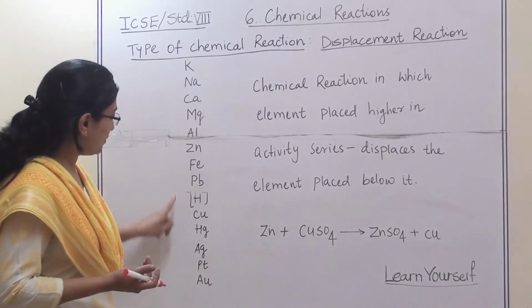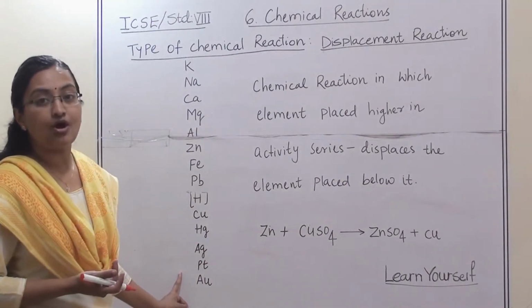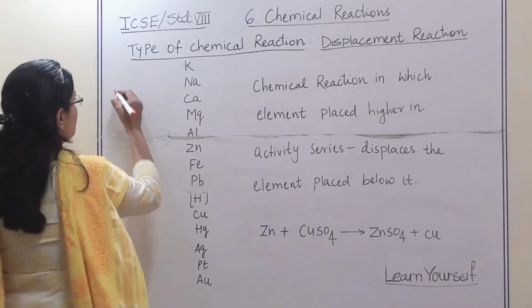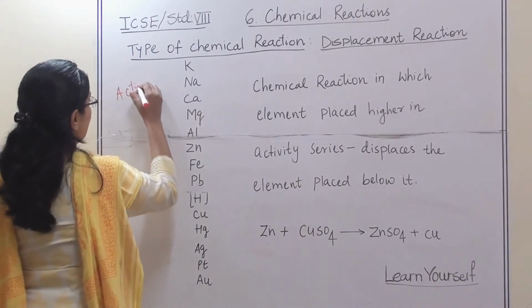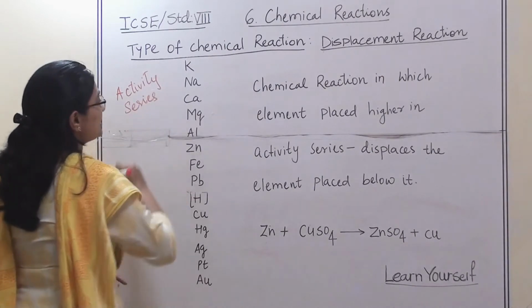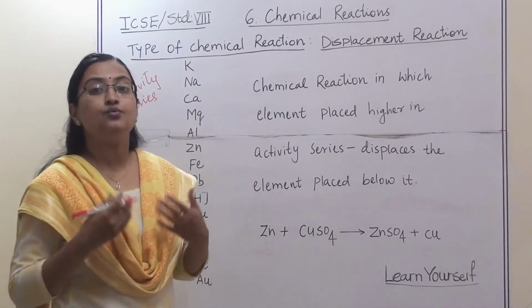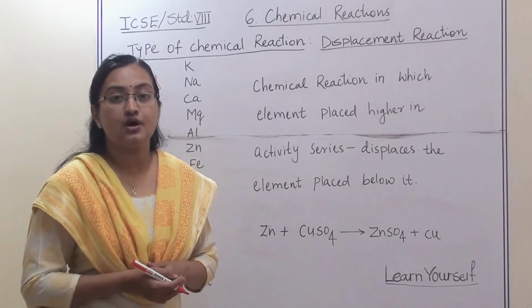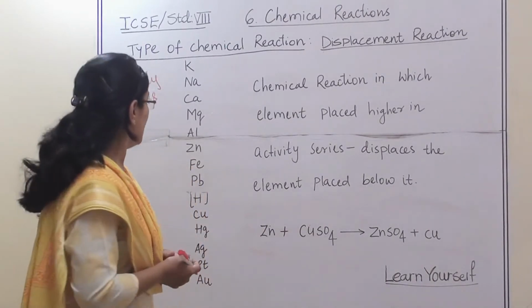In this, we require the activity series of metals. This is known as the activity series, and it tells us which metal is reactive compared to another metal.